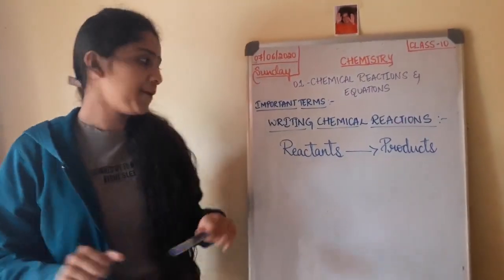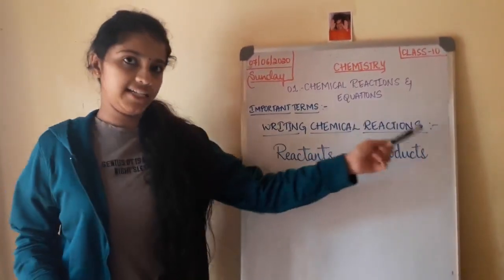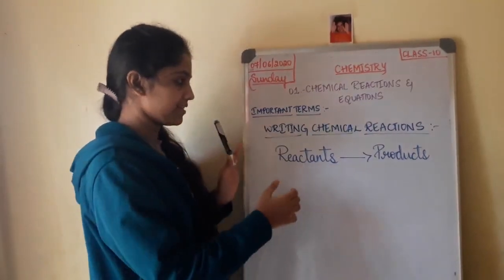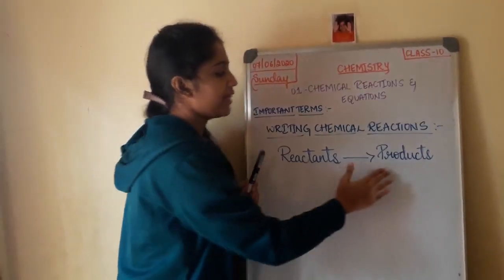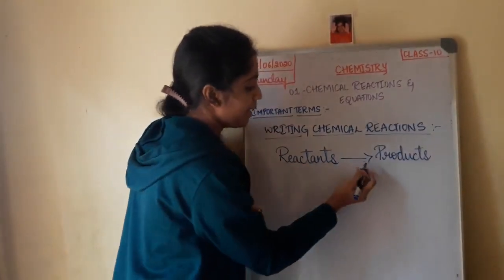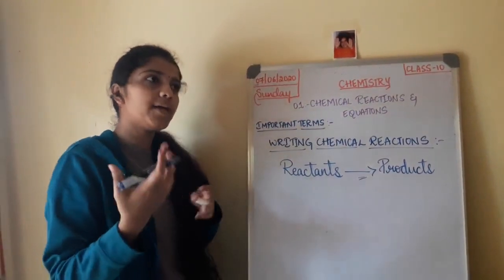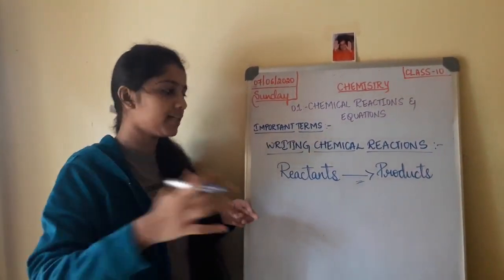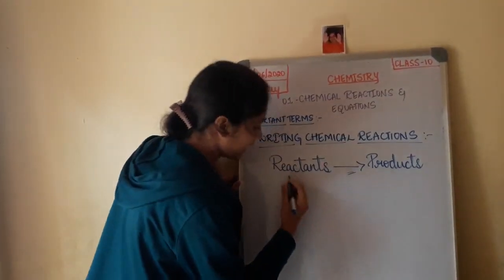So my next topic is how to write chemical reactions. Reactants will be written on the left hand side and products will be written on the right hand side. The reactant side and the product side are separated by an arrow mark. Now if we have more than one reactant on the left hand side and more than one product on the right hand side, we separate the two reactants.